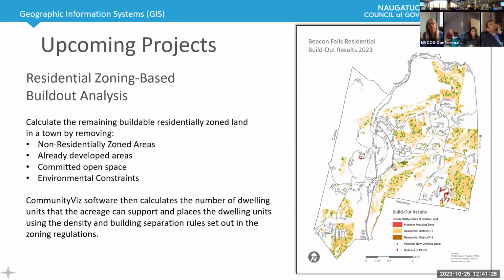So you have the buildable residentially zoned area, and we have software, Community Viz, that calculates the number of dwellings that can be on that acreage based on the zoning regulations. So they'll place buildings. Then each building we multiply by the average household size, so you can then do a projection of future population, adding the increase in population to the existing population.